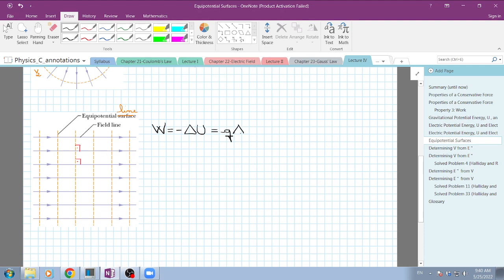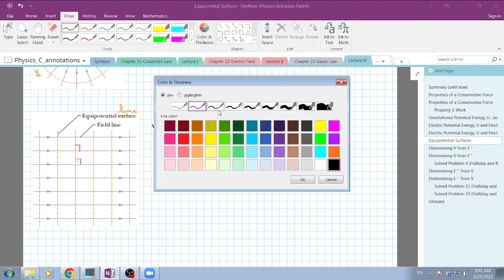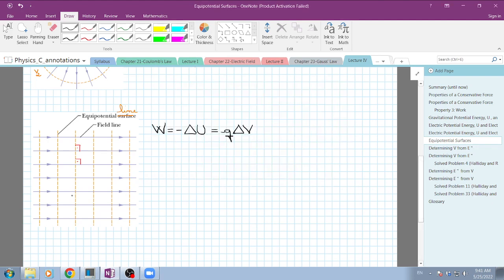The product between the charge and the voltage, right? And look, if you are considering, for example, let me put one particle here, black, for example.